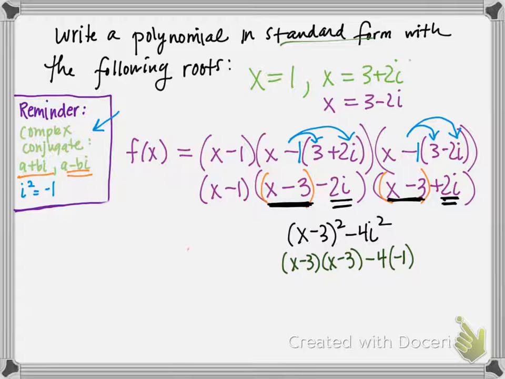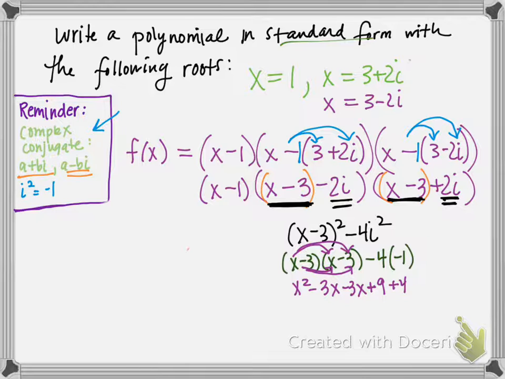So now let's distribute the x to both terms. So x times x is x squared. x times -3 is -3x. Now let's distribute the -3 to both terms. -3 times x is -3x, and -3 times -3 is positive 9. And then this part here, double negatives, that makes a positive 4.